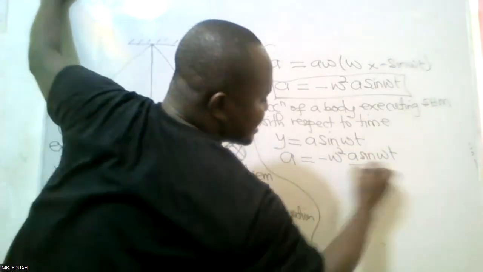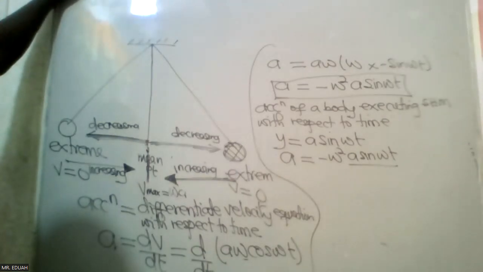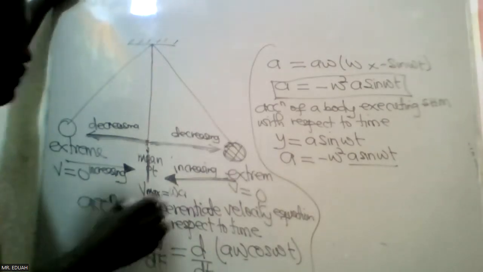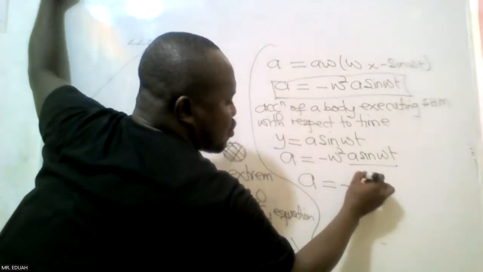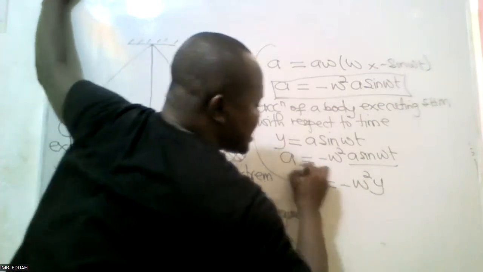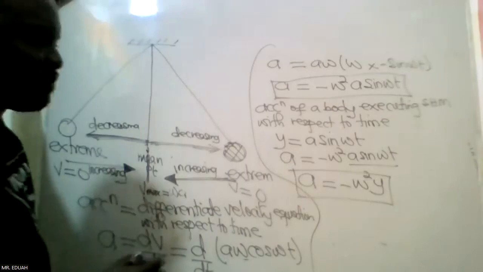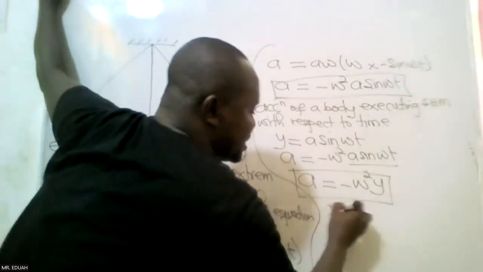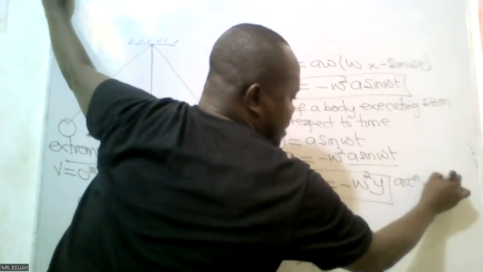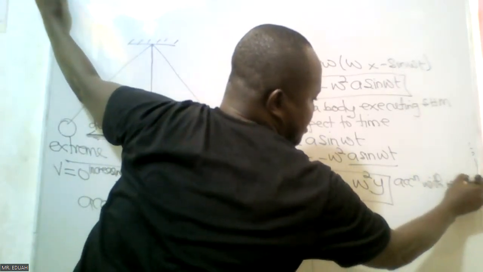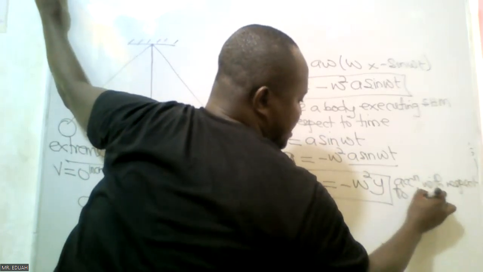Now this part, a sine omega t, is equal to y, isn't it? The underlined part is equal to displacement. So a therefore is equal to minus omega squared y. And this is the acceleration formula with respect to displacement.